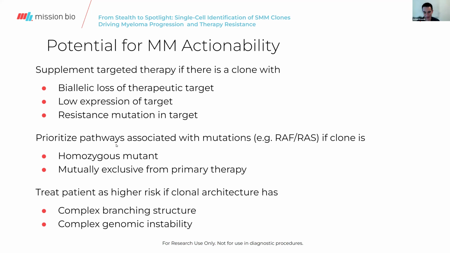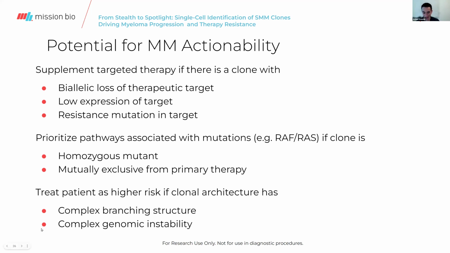And you also want to prioritize these pathways if they are mutually exclusive from clones that have the primary therapy. So if you have cells that are pathogenic because of certain mutations, but don't express your therapeutic target, you might want to add an additional treatment to target that particular pathway.